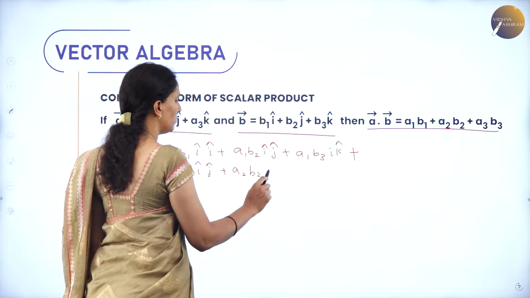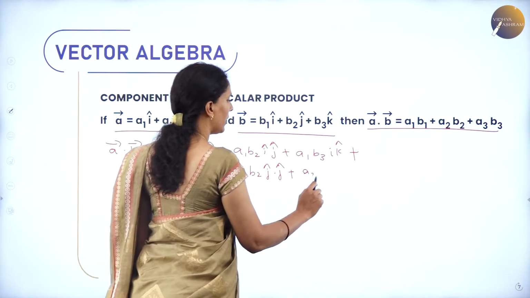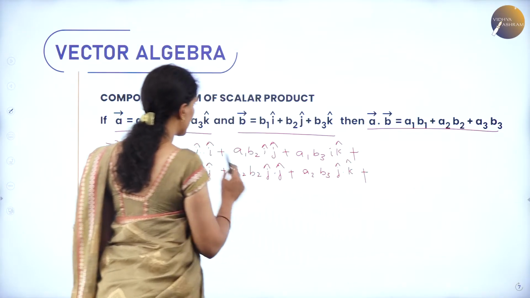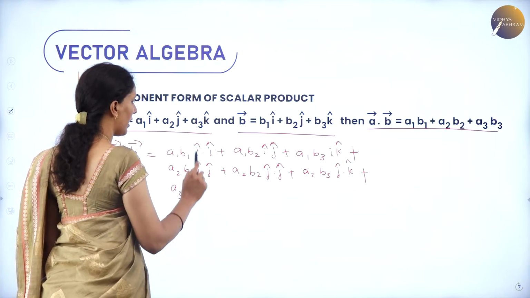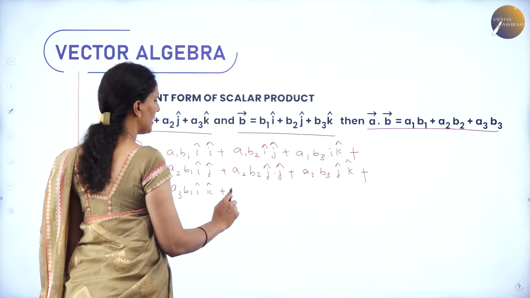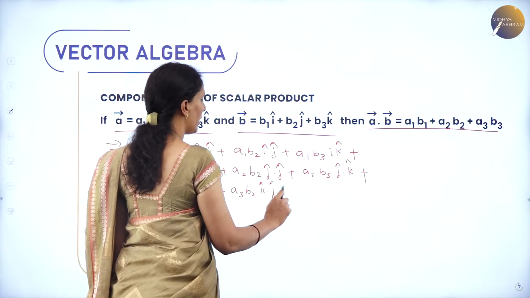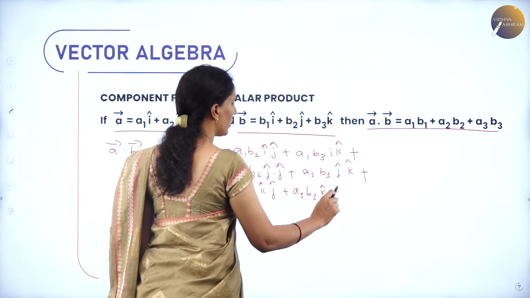A2 B2, j dot j. Next we have A2 B3, j dot k, plus next we have A3 B1, k dot i, plus A3 B2, so k dot j, and A3 B3, k dot k.